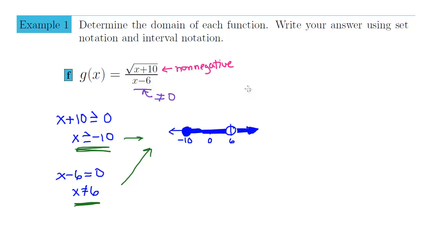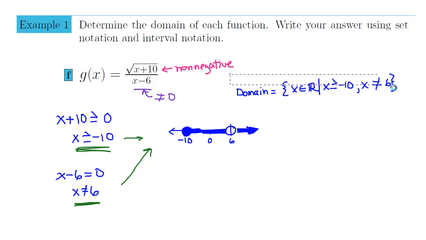Let's write our domain then in both set notation and interval notation. The domain of the function g of x consists of all x elements of the real numbers such that x is greater than or equal to negative 10 and x is not 6. This would be the set notation for our domain.